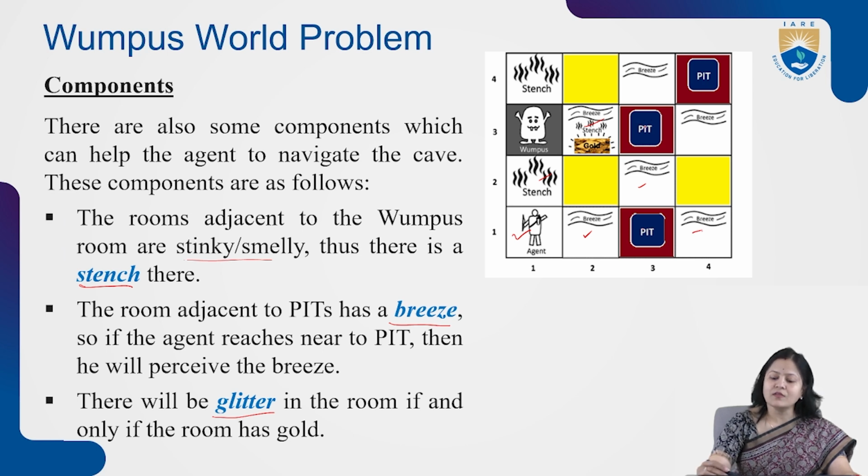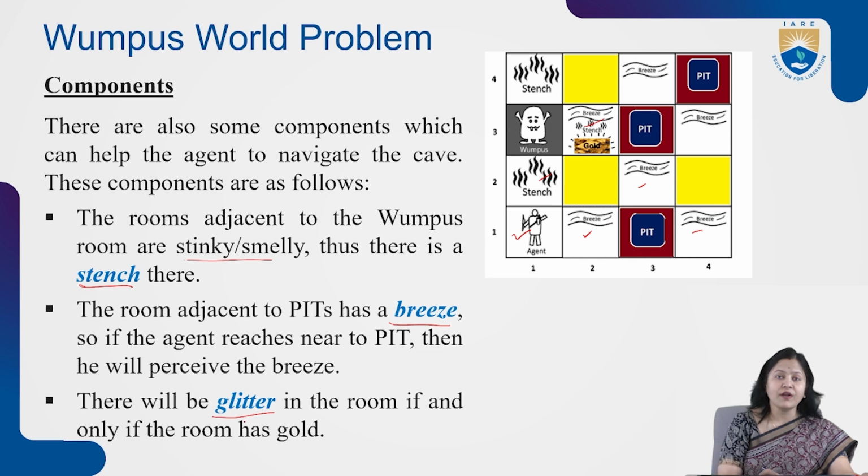Or else, what are adjacent to this pit: this one and this one. So in all 4 locations, if he enters, then he may feel breeze. Or the rooms adjacent to this pit also, this location as well as this location, the agent may perceive breeze. So these are the things which can be perceived, or the agent can feel. Based on the feeling, he can decide where to move next.